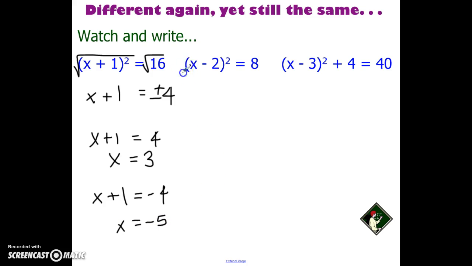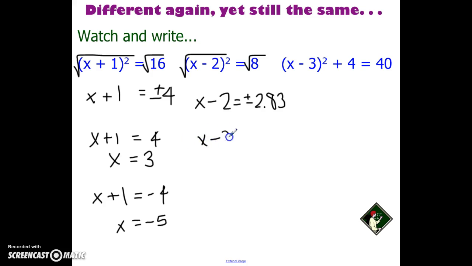Okay, we're going to do that again. So I take the square root of each side, and I have x minus 2 equals plus or minus the square root of 8. So I'm going to be working with the decimal now, 2.83. So I'm going to rewrite my two problems.